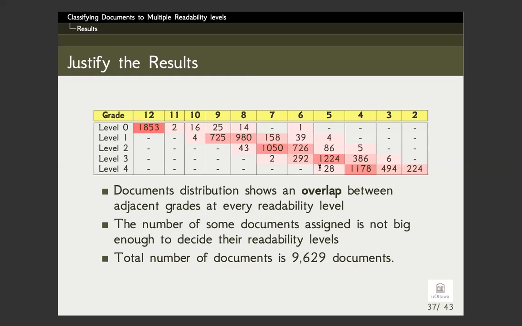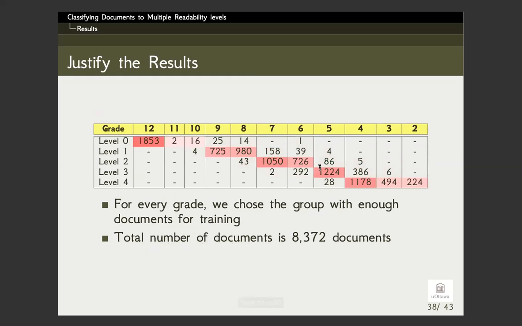So to solve this issue, we decided for every grade, we choose the group that has enough documents to train the model. The documents highlighted here were chosen based on that, and the number of those documents is above 8,000 documents, which is enough to train our model.